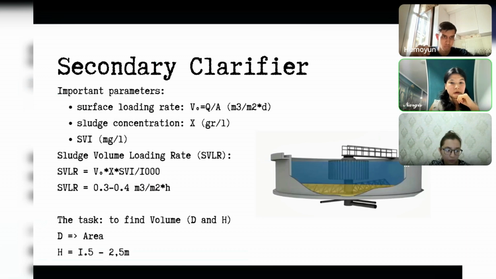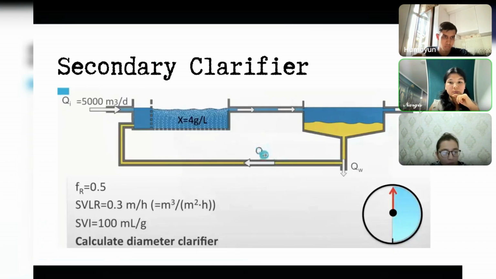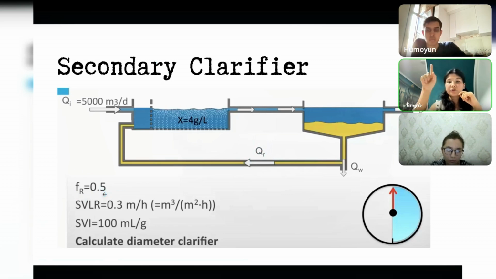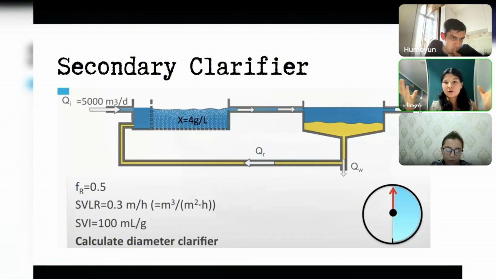I guess you might not. Yes, you will need QR. So here is QR. They are saying that the reflux, meaning how much you recycle your flow, is 0.5, meaning you recycle 50% of what is coming here, right? So now we need to solve this.